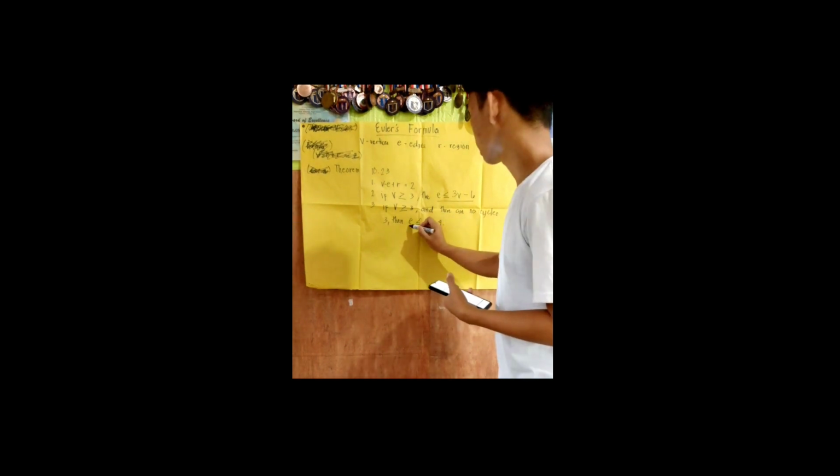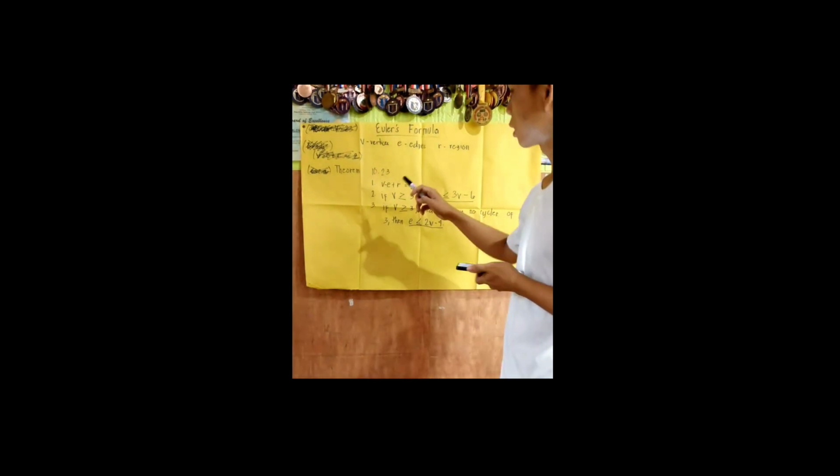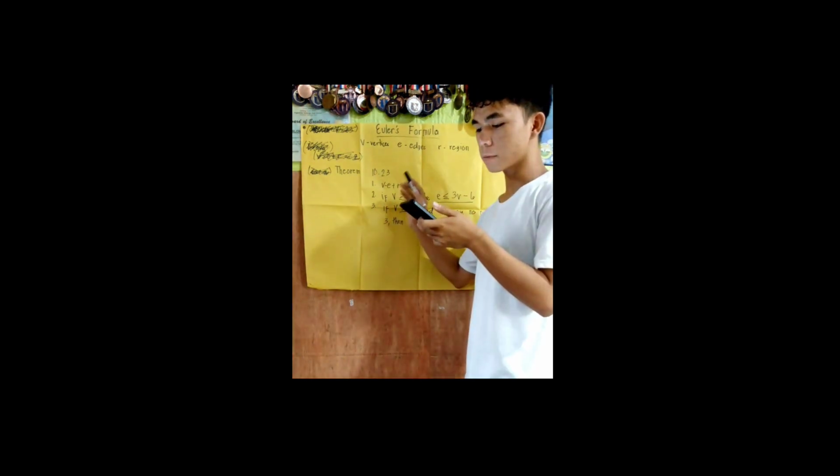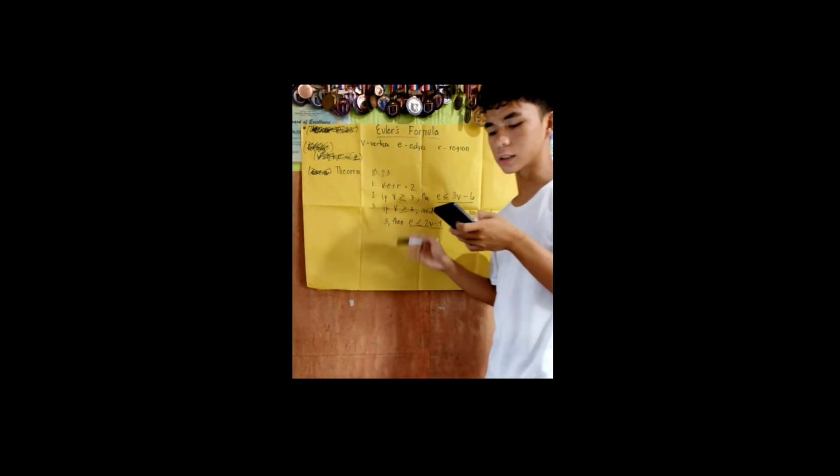So we can use Theorem 10.23 to prove that certain graphs are not planar.